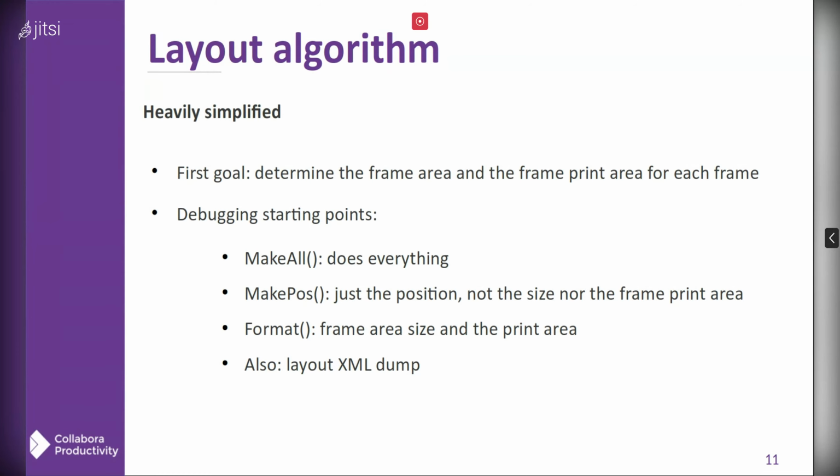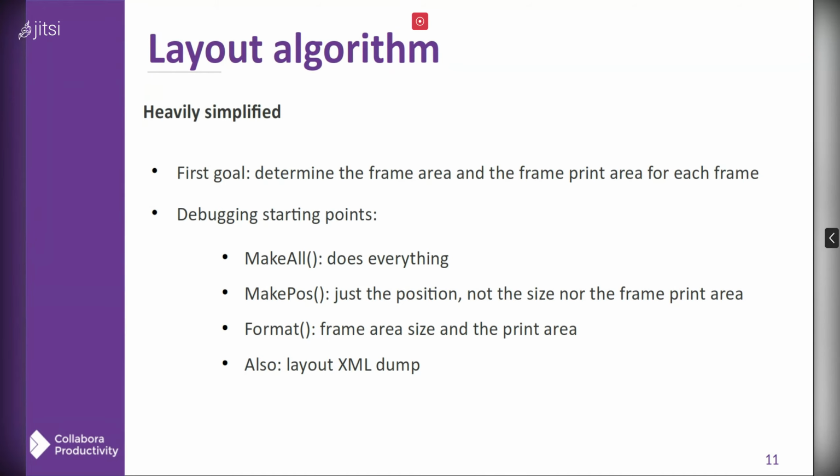To be able to determine this frame area and frame print area, you need to do a couple of things. We have a number of entry points to the layout procedure. In case something goes wrong at a specific area, then you can always look at what is the frame in that area, and all these frames have a couple of methods which are useful to look at.